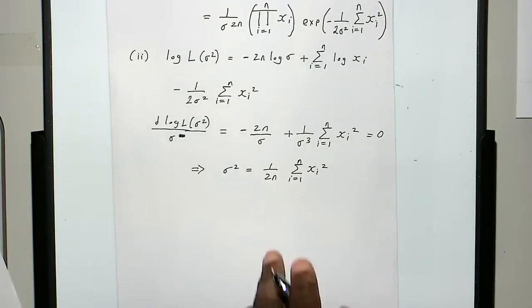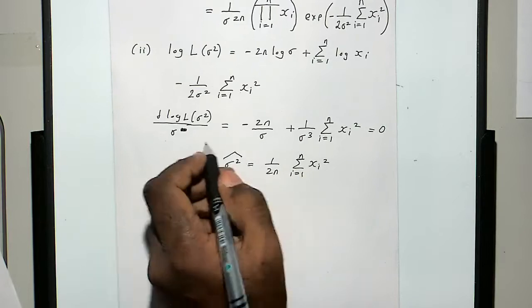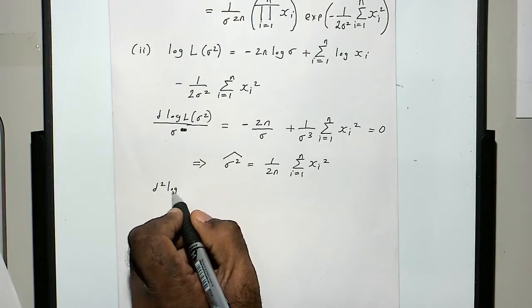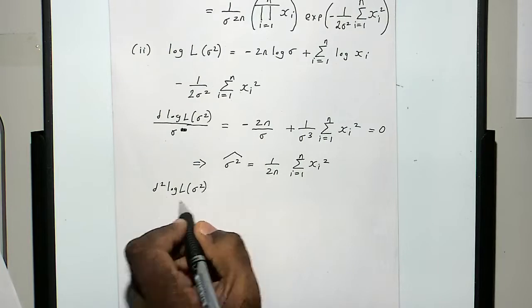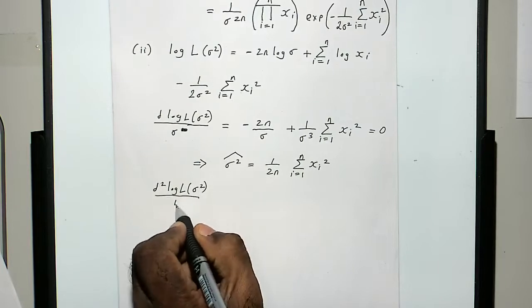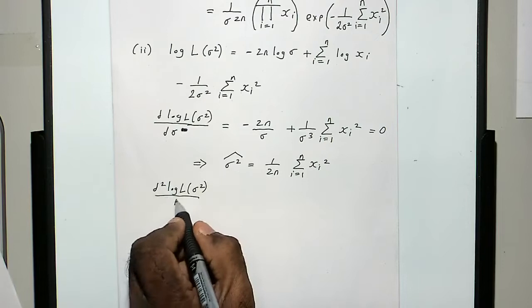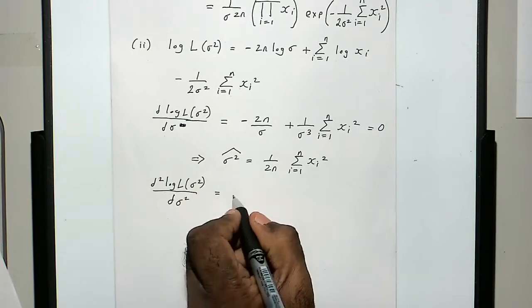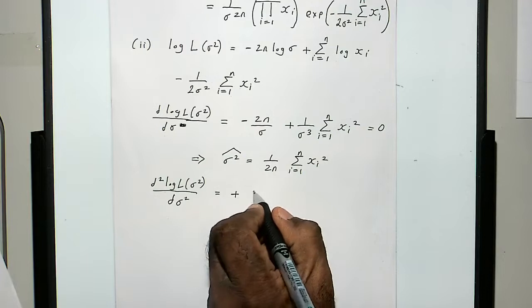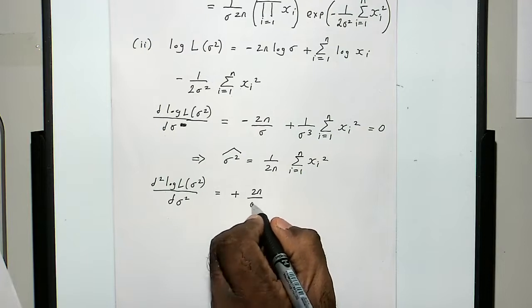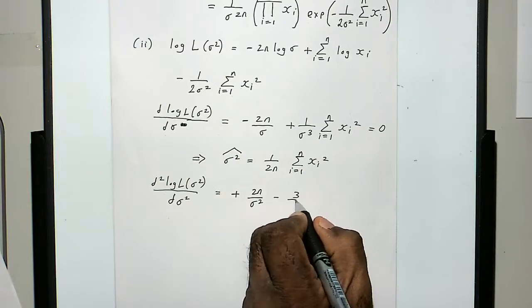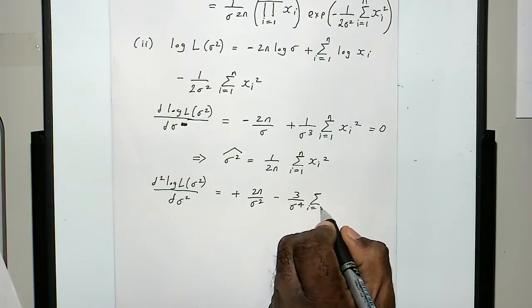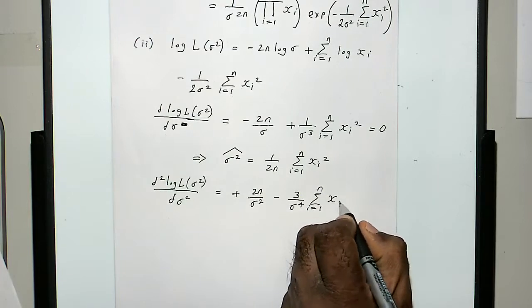Now, to make sure that this is a maximum, you need to take the second order derivative. Sorry, this should be d here, d sigma squared, which is plus, by the way, 2n divided by sigma squared minus 3 divided by sigma to the power 4 times the sum of this.